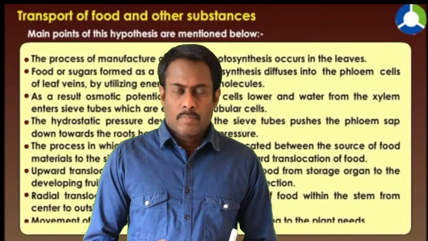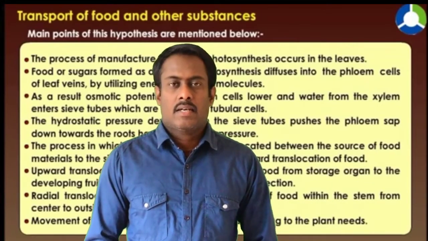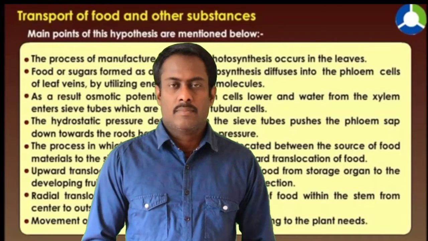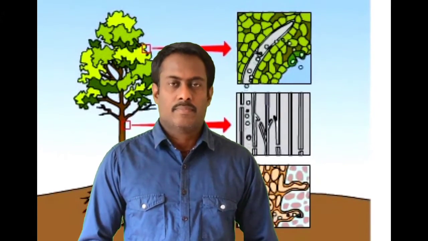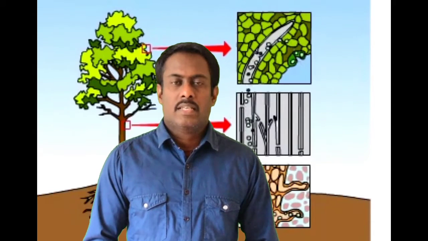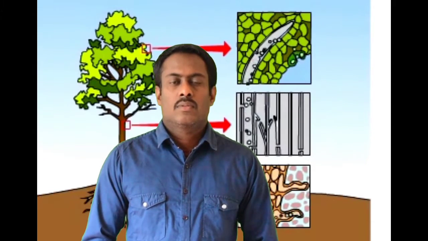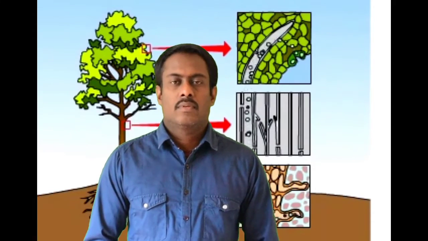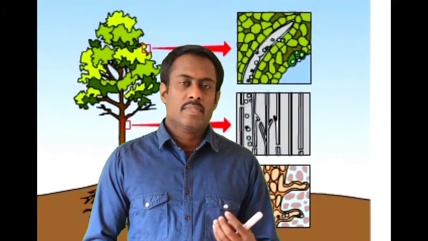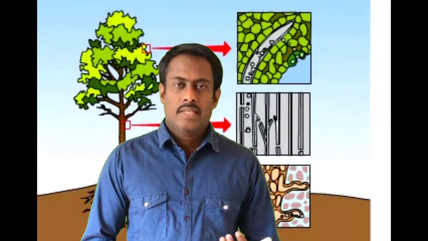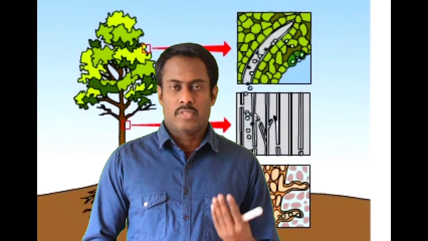Even though the plant is constantly absorbing water from its surroundings, it also loses water through the process of transpiration. The transpiration process takes place through the stomata of the leaves, and when the water evaporates from the surface of the leaves, it creates a suction force.